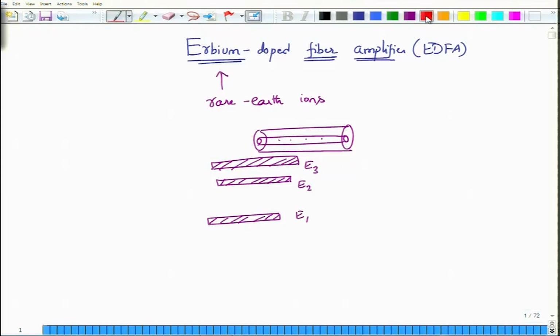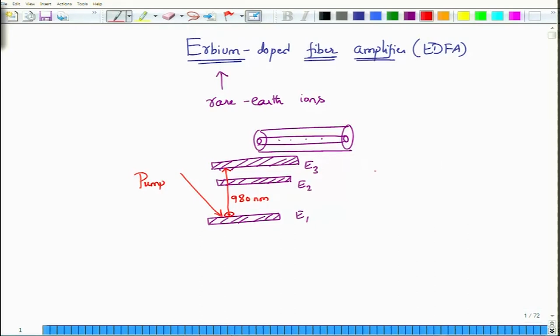Okay. And the rest of the process is kind of simple, you know this one already. You do not need a cavity here because you are not making a laser, therefore that requirement is gone. So what you need of course is a pump. Since there are 3 levels, what are the energy gaps and what is the wavelength at which we need to pump? That is the question. If you are using a pump which will take ions in the state E1 to the state E3, then you need a pump of 980 nanometer wavelength.